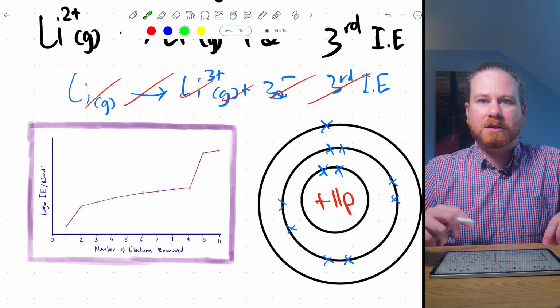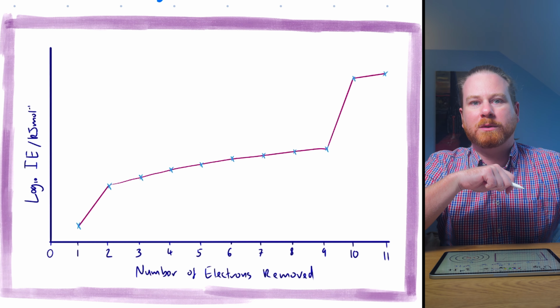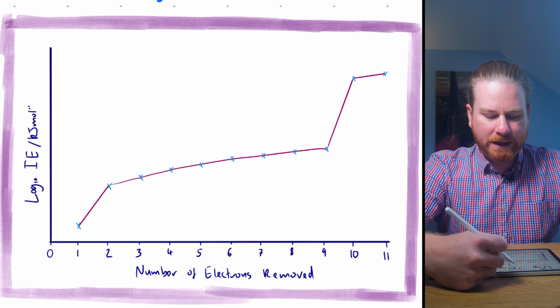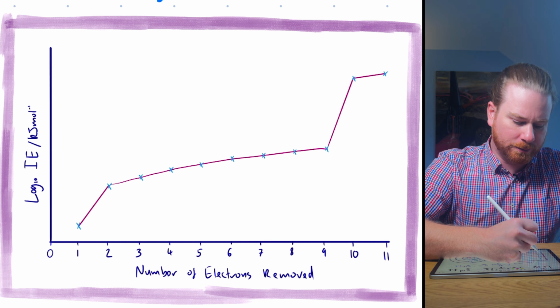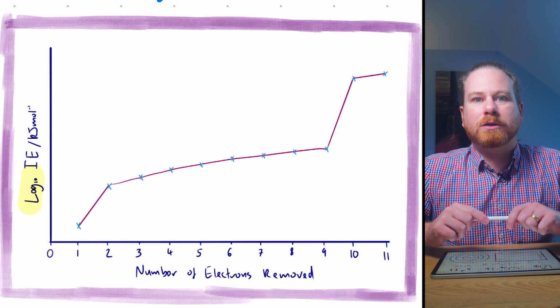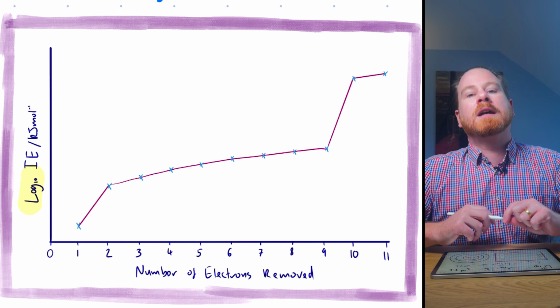So first things first, let's look at the graph's axes. The first thing we need to take into account when looking at this graph is noting that the y-axis is using a log scale. And this is to take into account just how big the numbers are getting. As the energy to remove successive electrons increases, this is increasing hugely.